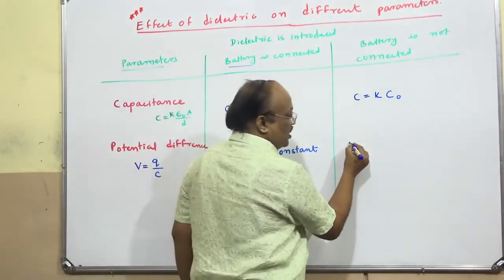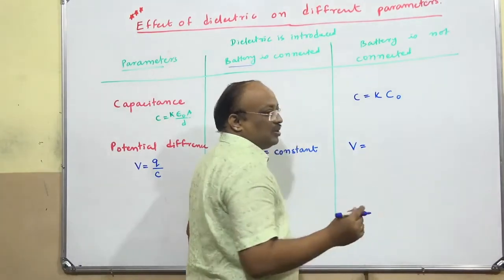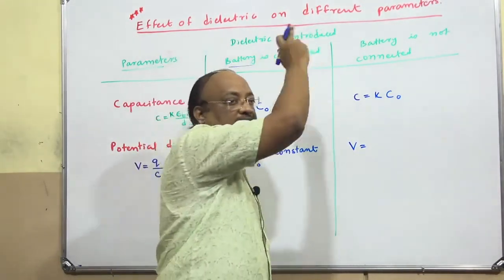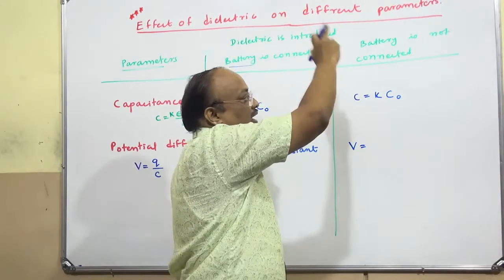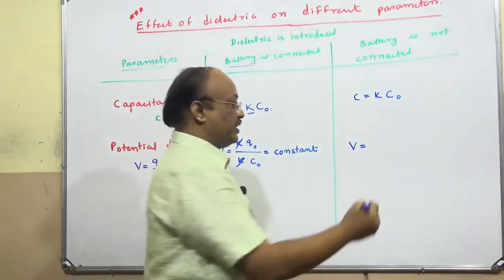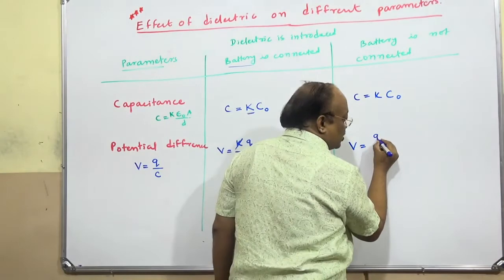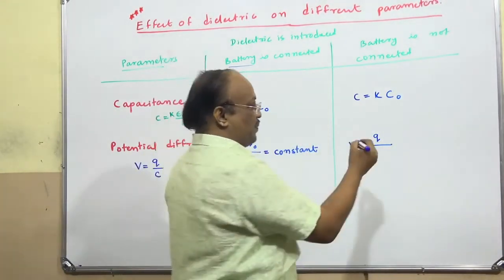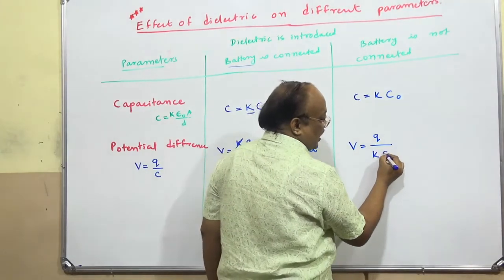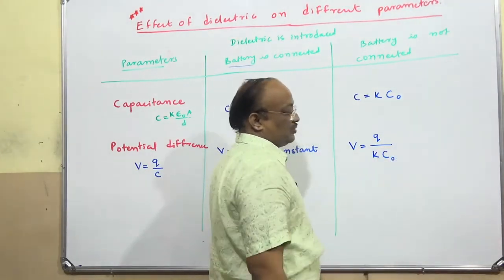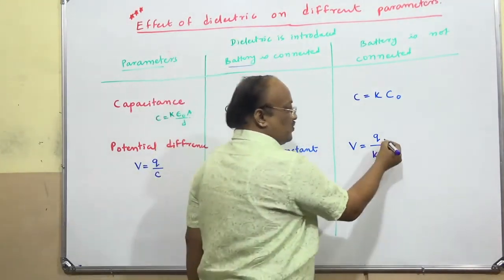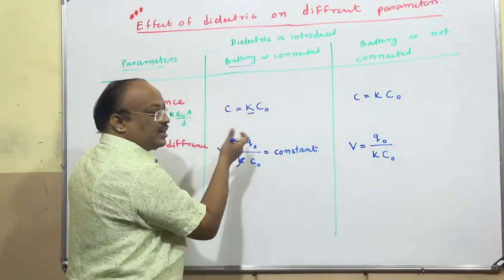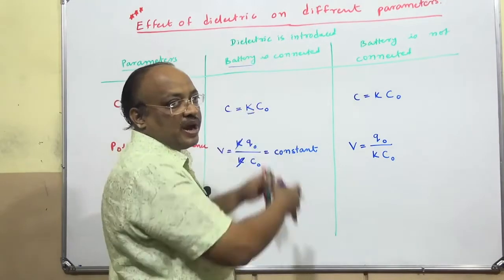The potential V is equal to... you are not storing any charges there because the battery is not connected. Charge will remain as Q naught, whereas capacitance becomes K times C naught.